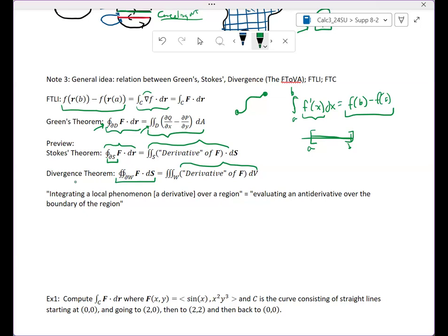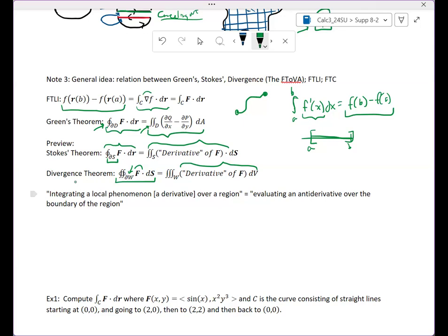The boundary of a three-dimensional volume is a two-dimensional surface. So this is the integral over the boundary of a three-dimensional volume. It's an integral over a surface of the function.